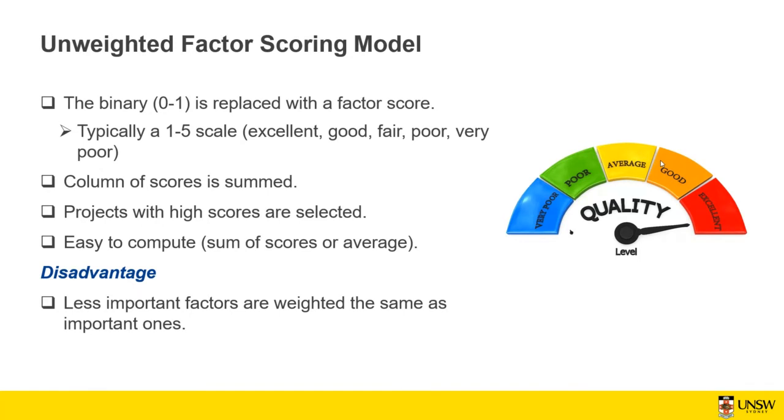But now you have a broader scale to use, because it's not just 0 and 1. The disadvantage, again, is that all the factors are equally important, so less important factors are weighed the same as the important ones.